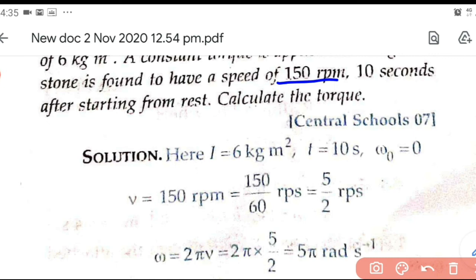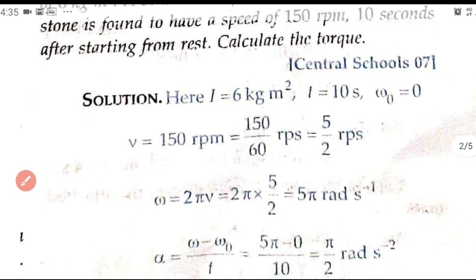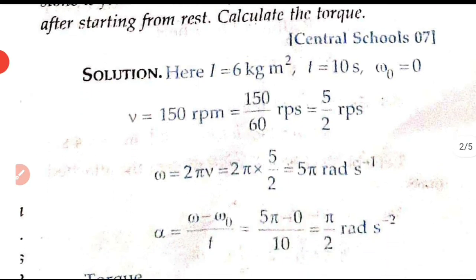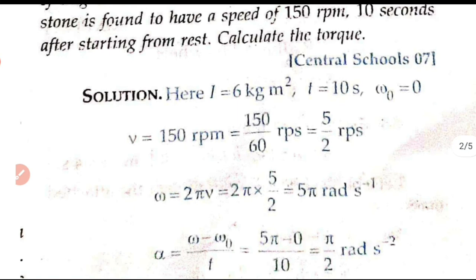So in 1 second how many rotations? It is 150 by 60, that is 5 by 2 rotations per second. This is the frequency. Now if we know the frequency, what is the angular frequency? Omega equal to 2 pi nu. So we have 2 pi into 5 by 2, that is 5 pi radian per second.